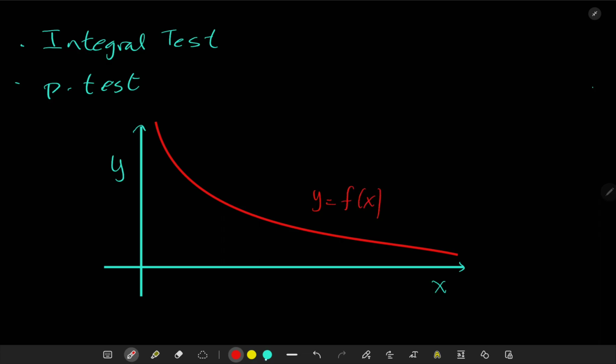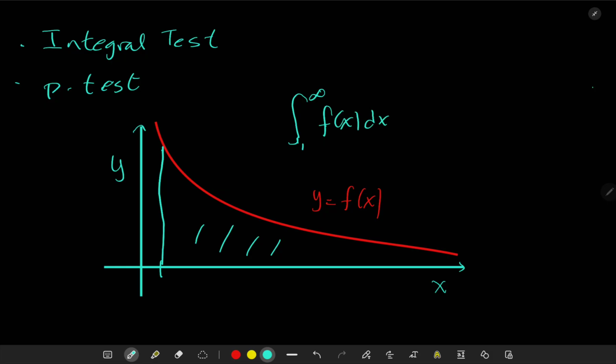So remember that the area under that curve, let's say x is going to be 1 here, more or less, is going to be given by the integral from 1 to infinity of f of x dx.